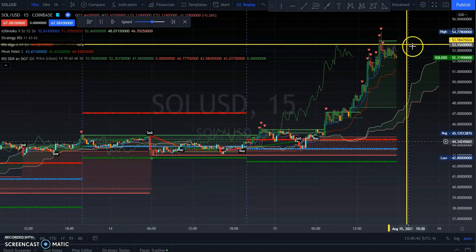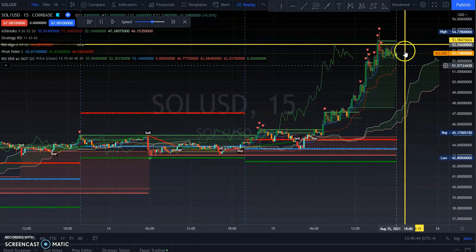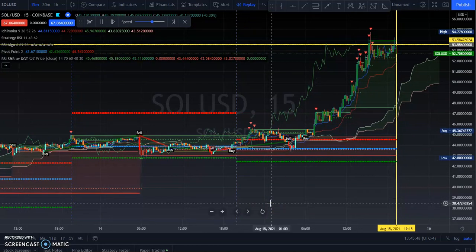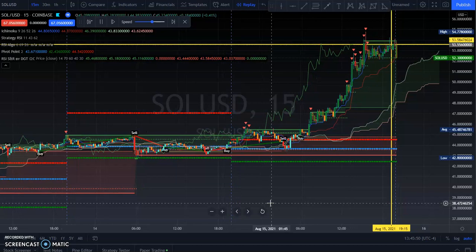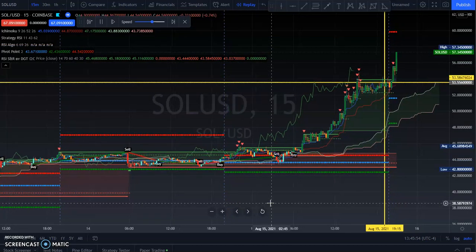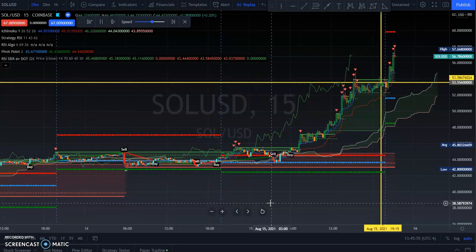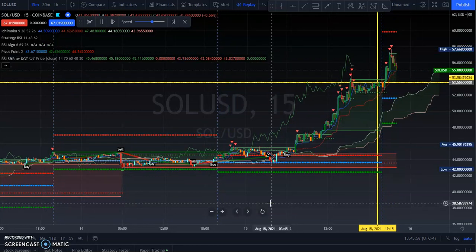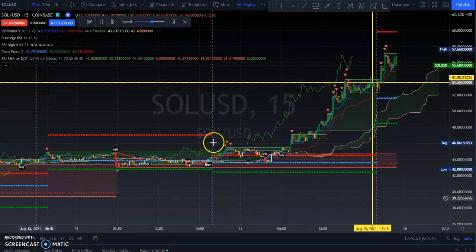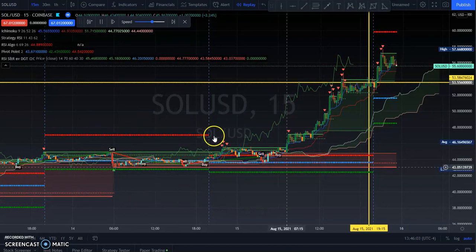This line represents where I bought it and the price I got it. And you're just following it. You're just keeping track of it. Where it gets tough is when it's going sideways. It's just trying to catch it before it goes. That's all.